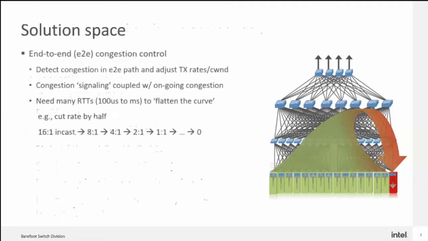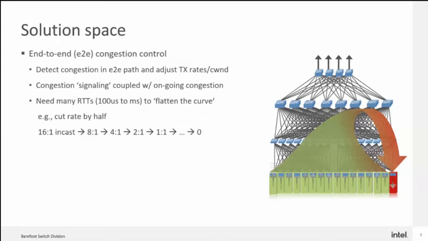And what are the potential solutions that exist today? Of course, the go-to approach usually in this kind of setting is end-to-end congestion control. Many of these protocols have those built in, such as DCQCN, as I mentioned before. And they usually work by detecting congestion on the end-to-end path. For example, the data packets will carry a congestion notification bit.